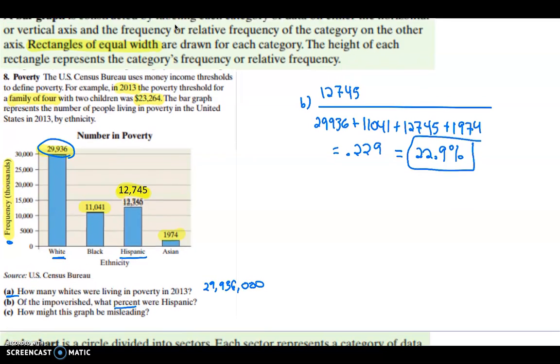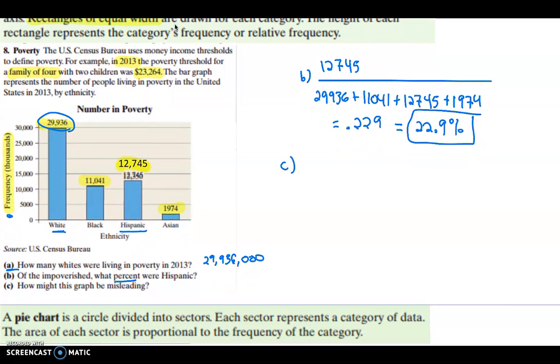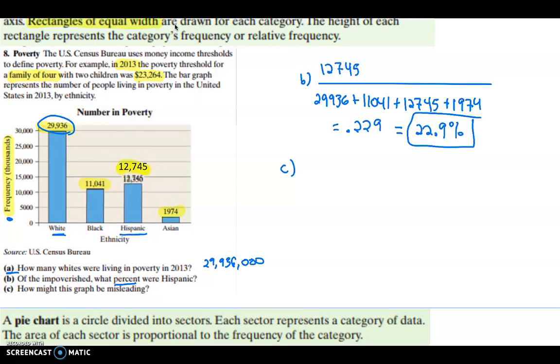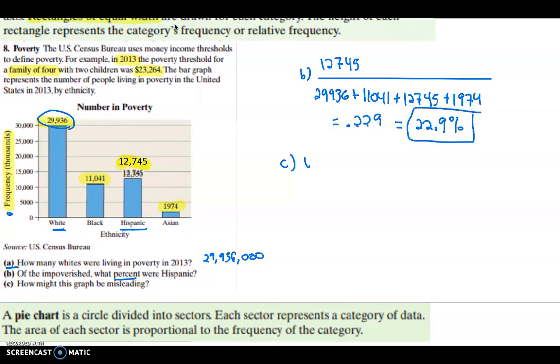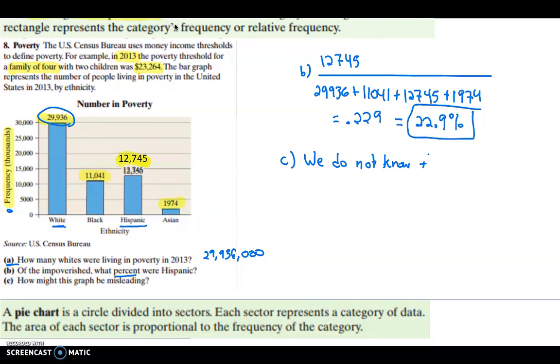And so for part C, just say something like, we do not know the real population values for each ethnicity.